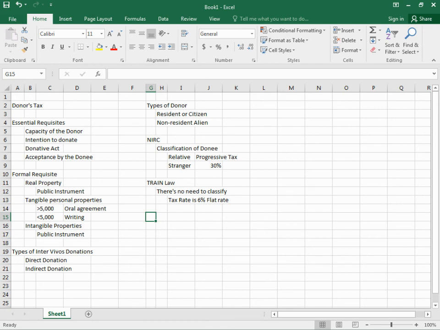Next is quasi-transfer. Quasi-transfer is not a real transfer. Okay? Maybe it is just the right of use of a property. Okay? Gamitin mo muna yan habang nasa ibang bansa kami, ganyan.